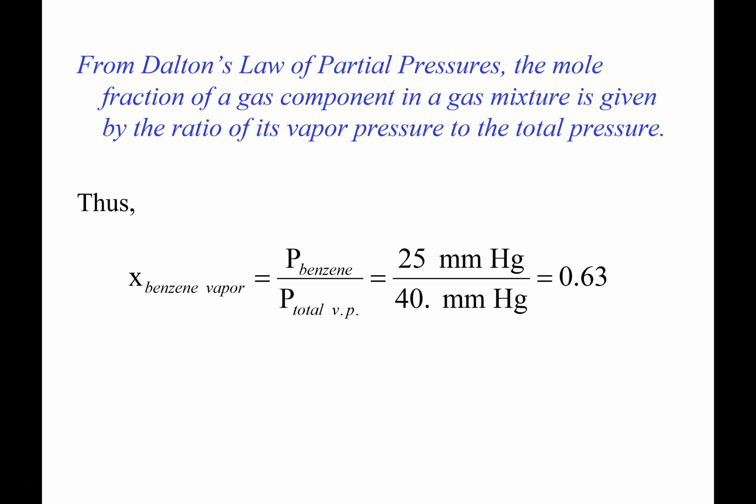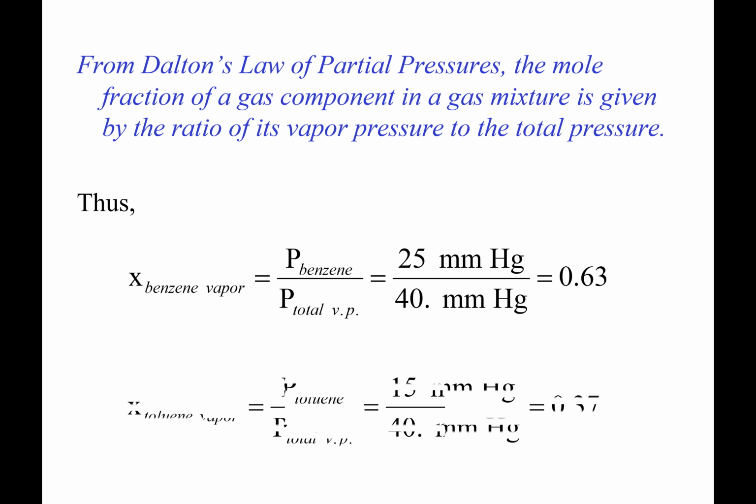I wish sometimes these numbers were different. But all we're saying is the mole fraction of benzene in its vapor state is 0.63. Now, we could actually just take 1 and subtract 0.63 to get the mole fraction of toluene, but we're not going to do that.